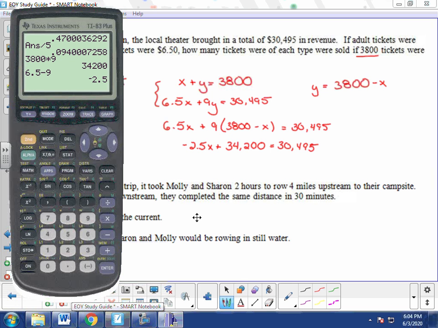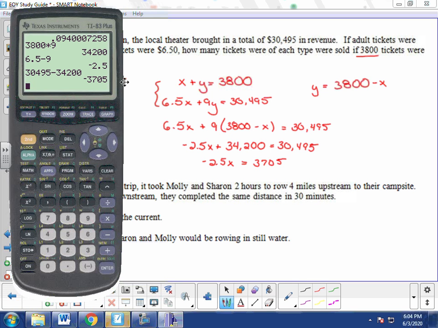So I need to go ahead and take 34,200 and subtract that from both sides. So now I get negative 2.5x equals negative 3705, and I can divide by negative 2.5. So x equals 1482.